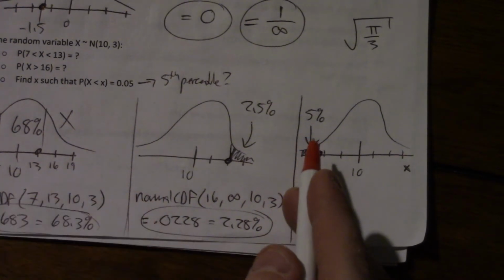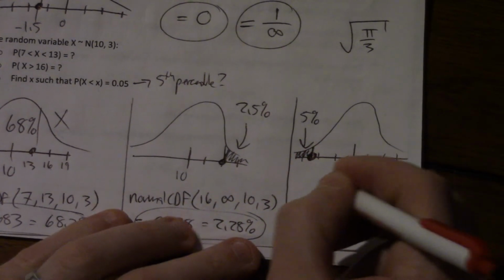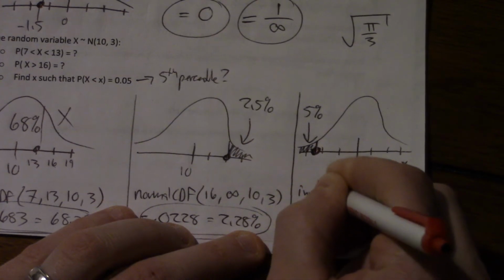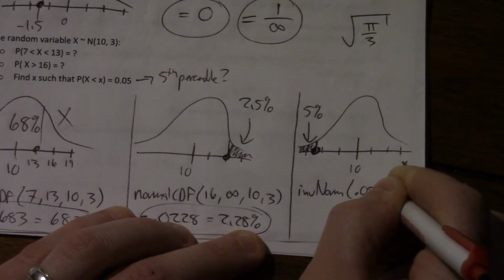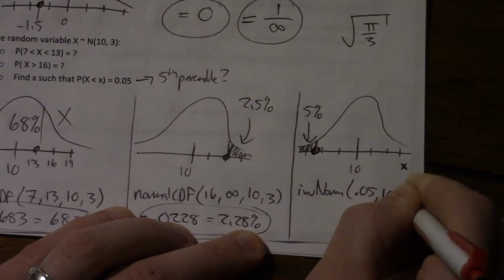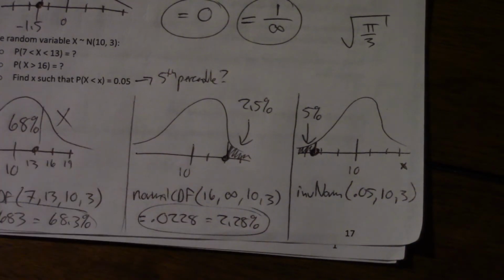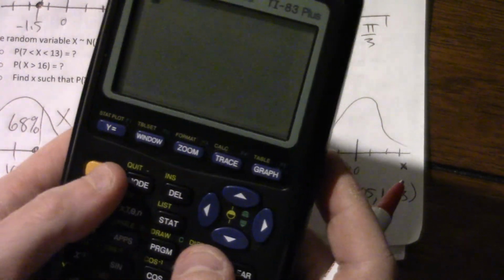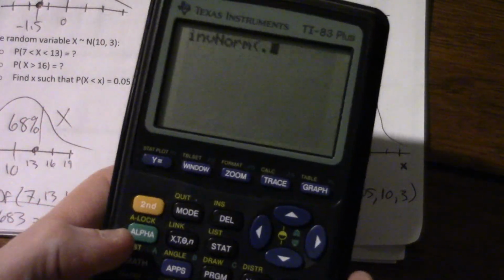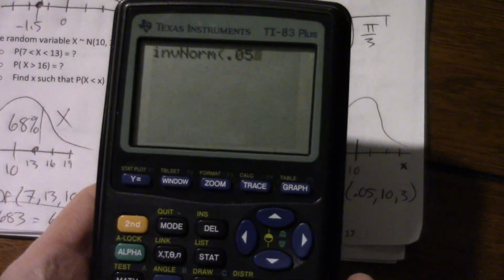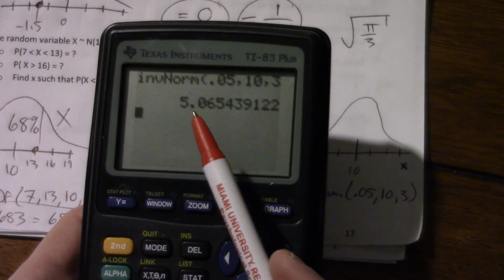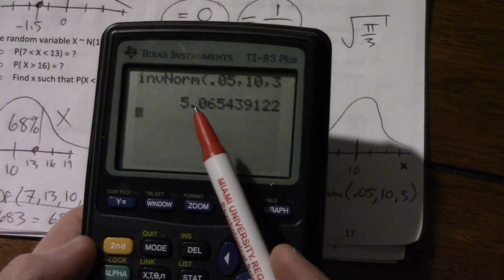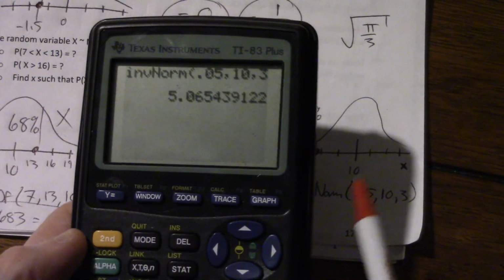So since we have a probability and we're finding a score, we will use inverse normal. So we have 0.05 to the left, a mean of 10, and a standard deviation of 3. So that means our random variable will be a little bit bigger than 5, 5.07.